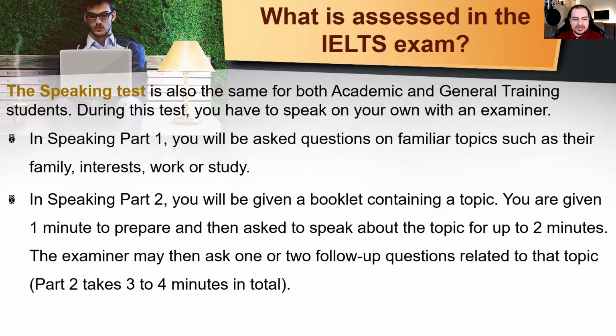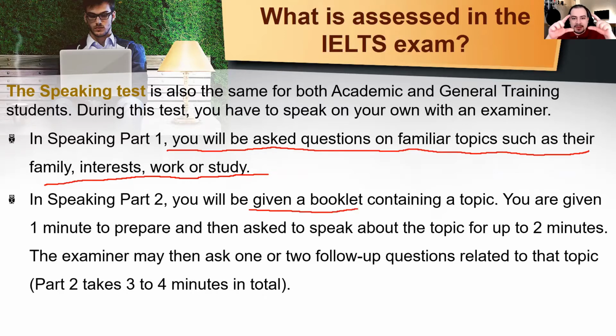So all you need to know is that it's divided into three parts. And we have speaking part one, where you will be asked questions on familiar topics, such as family, interests, work, or study, all right? And for speaking part two, you're basically given a booklet or a card containing a topic, okay?